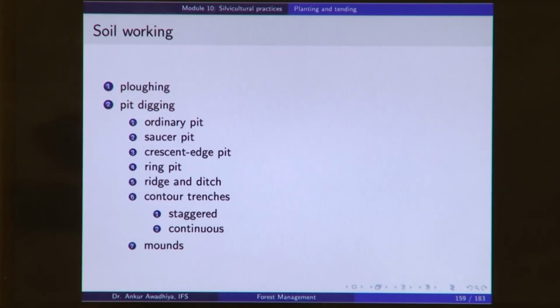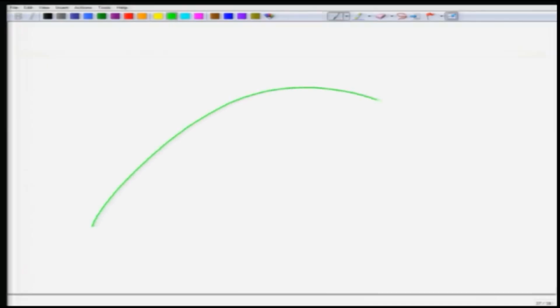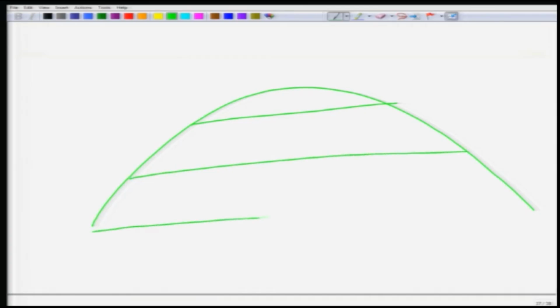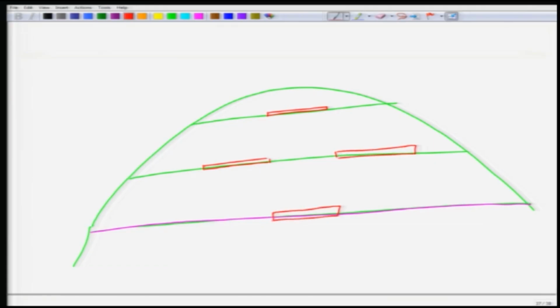Now, as we have seen before, in the case of a contour trench, you will be digging trenches along these contours, and these trenches can either be continuous, in which case you will have all these areas that have been dug up in the form of a trench, or you can have it in a staggered manner, where if you have a trench here, then in the next line you will not be having a trench, but you will be having a trench in these locations, and then in the next line you will be having a trench here, then you will leave this area and then you will have a trench here.